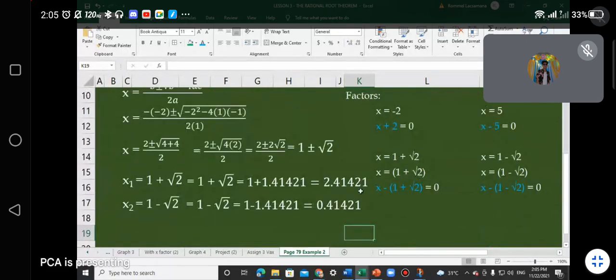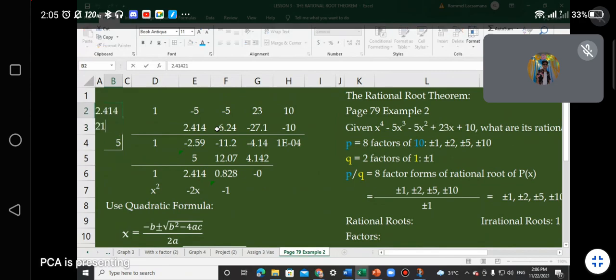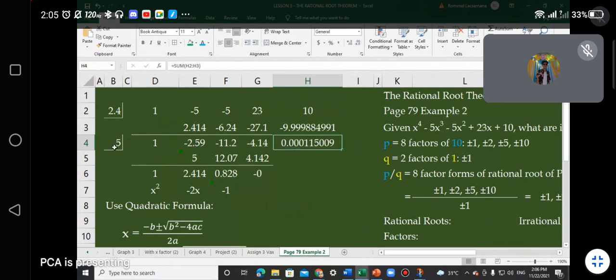But if you want to have this one, 2.41421 in here, let's try. 2.41421. It's giving you a 0. And then the other one is 0.41421. It's giving you a 0 again, I think.